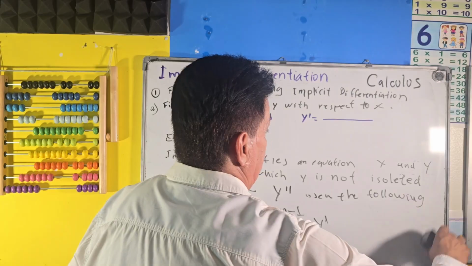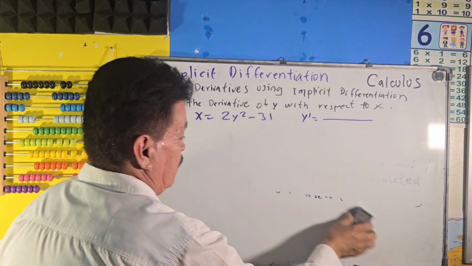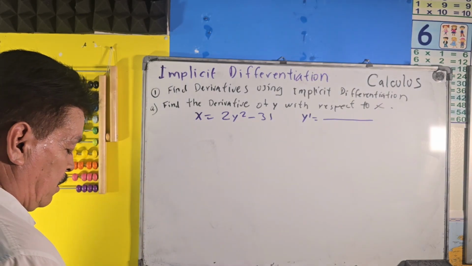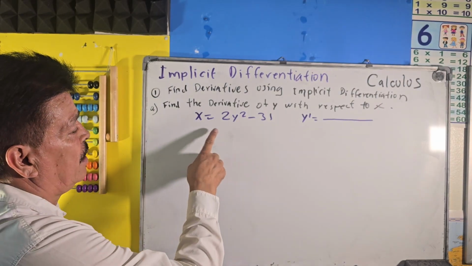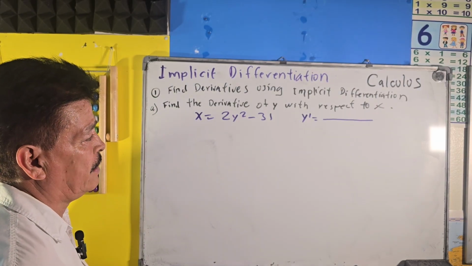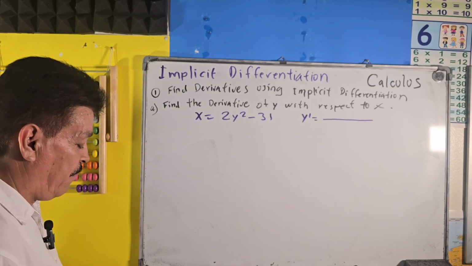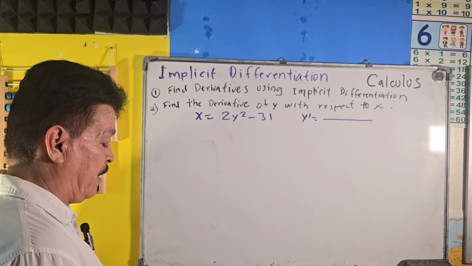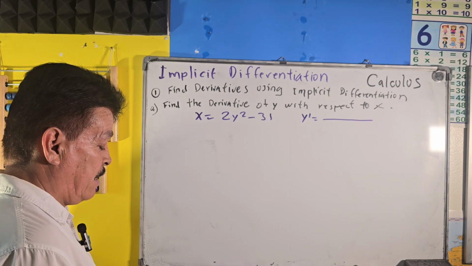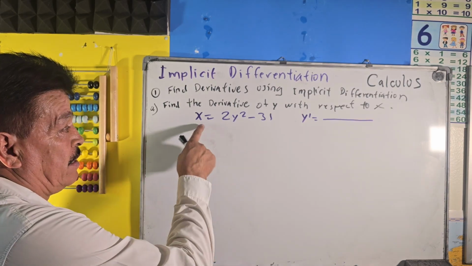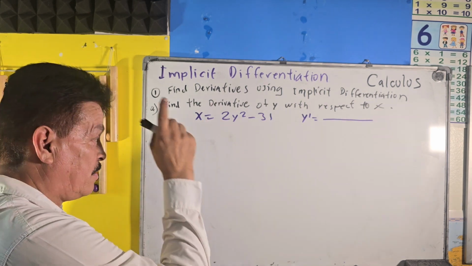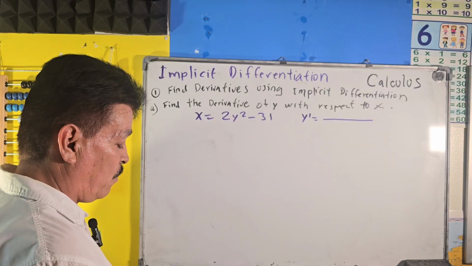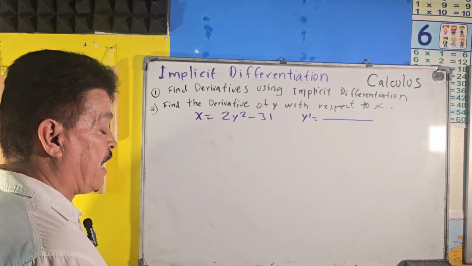So let's try to work a problem. This one is more simple. The equation x equals 2y to the second power minus 31. This defines y as an implicit function of x since y is not isolated, right? To find y prime, first we have to differentiate both sides.